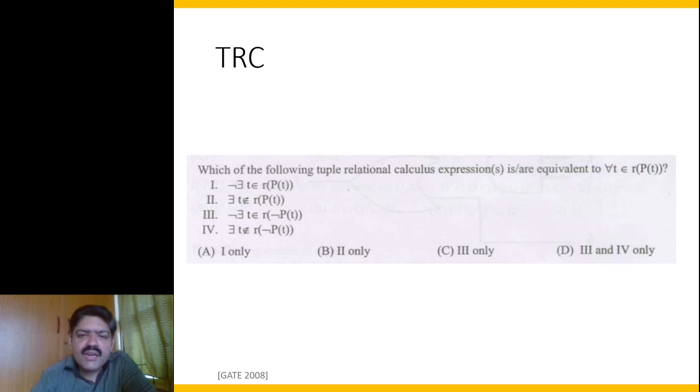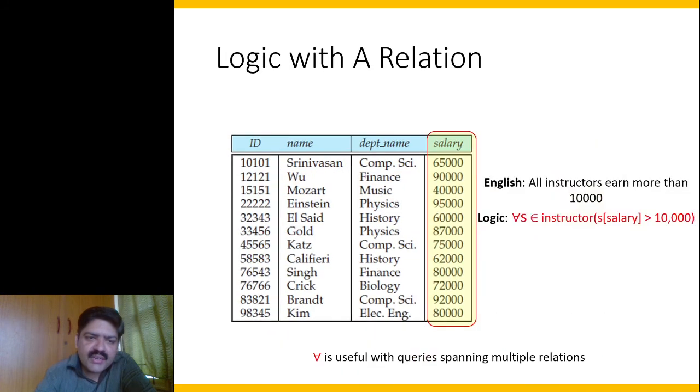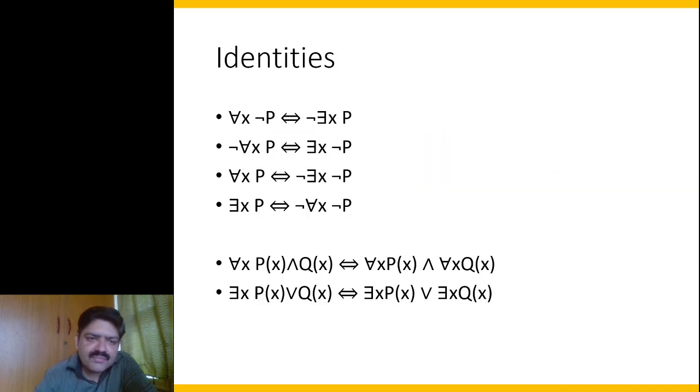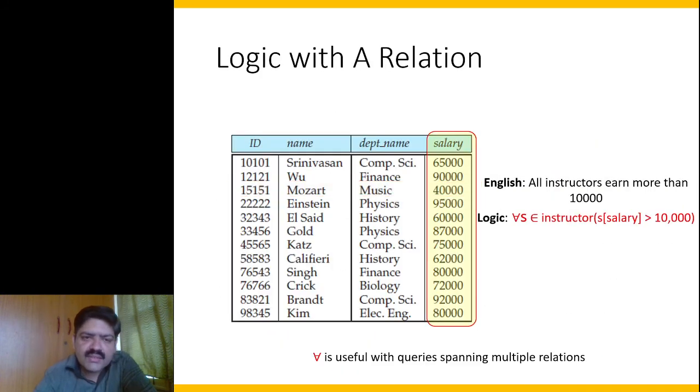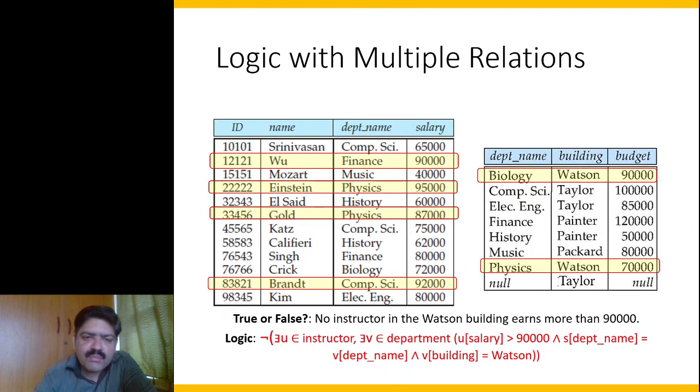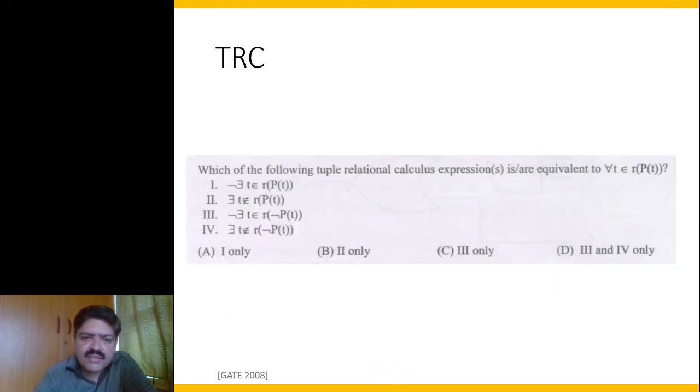So clearly R is a relation, P of t is the predicate that we apply on that, and t is the set of tuples that we are interested in. Here there are a bunch of options. I urge you to go back to the identities that we discussed, and if you apply those identities, the answer should be pretty evident.